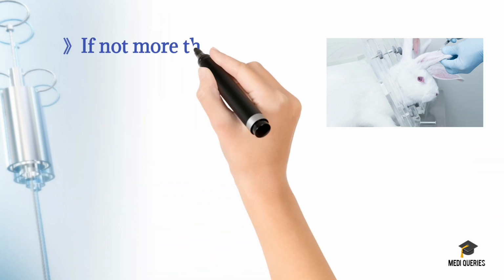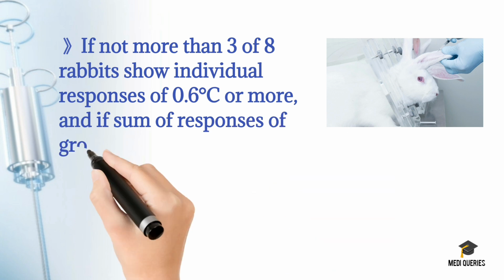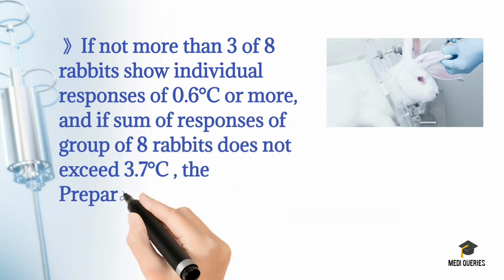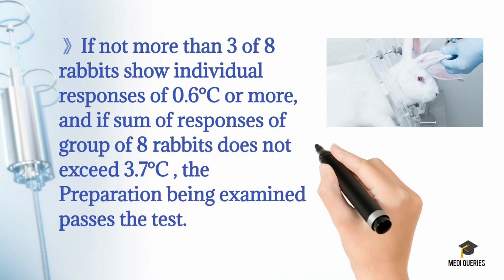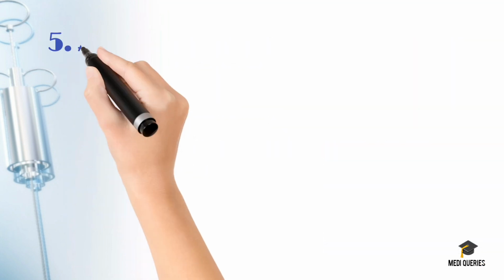If not more than 3 of the 8 rabbits show an individual response of 0.6 degrees or more, and if the sum of the responses of the group of 8 rabbits does not exceed 3.7 degrees, the preparation being examined passes the test. This is how we will calculate the results.